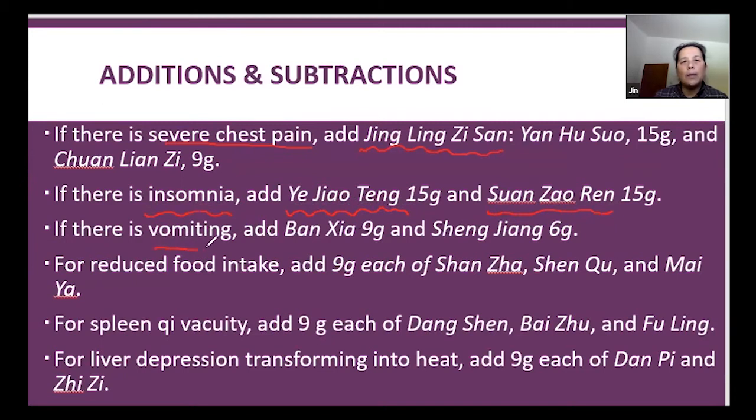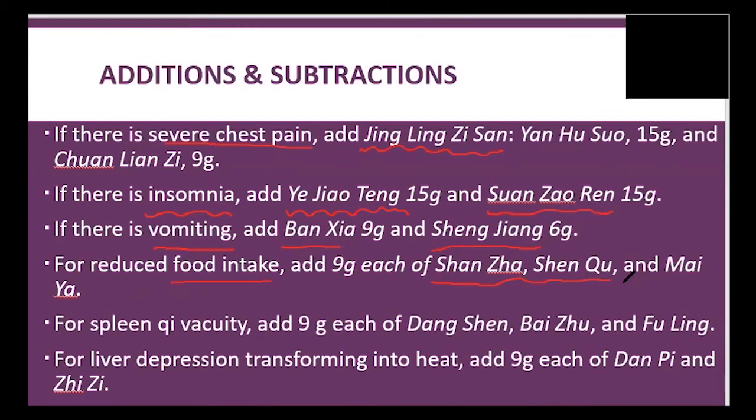And if people have nausea or vomiting, we add 半夏 and 生姜 to harmonize the middle jiao. And if people eat less, with poor appetite, we add herbs that help digestion, 山楂, 神曲 and 麦芽.